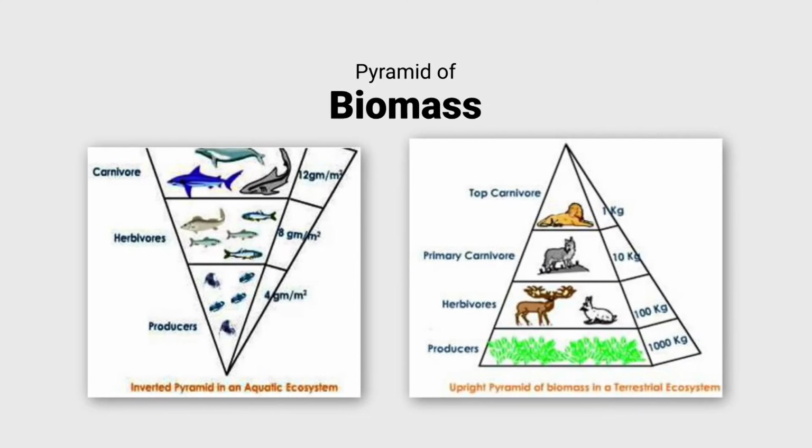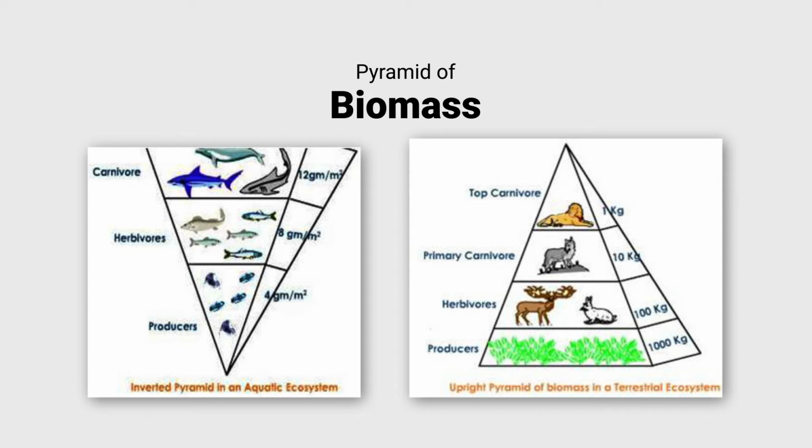In the case of the pyramid of biomass, here also you will get both upright and inverted pyramids. The inverted pyramid you will get in an aquatic ecosystem. Here in this diagram you will be able to understand very easily. The producers in this aquatic ecosystem are algae, small microorganisms, which are eaten by herbivores, eaten by small fishes, and then carnivores.